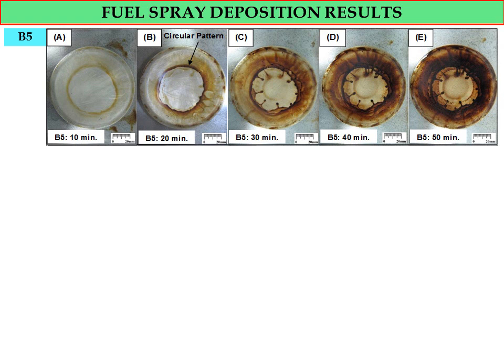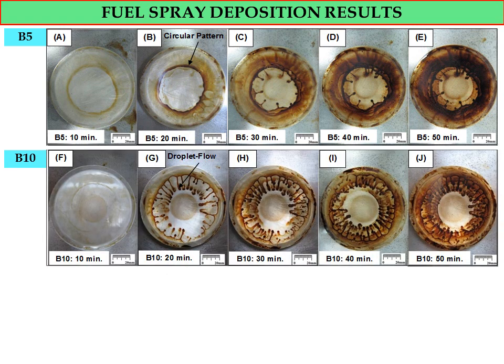Okay. However, for B10, from photo F to photo J, photo F after 10 minutes of spray impingement has the same features as B5, where we have a circular pattern of deposit on the hot plate, and the deposit is still in liquid form.